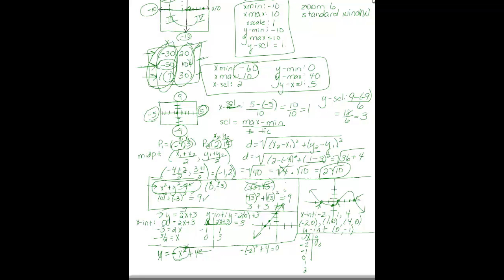Same thing when I put a negative 1 in and square, I get a positive 1, which turns back to a negative 1. And add it to 4, I get a 3. 0 squared plus 4, of course, is 4. Negative 1 squared plus 4 is also a 3. And negative 2 squared plus 4 is a 0.